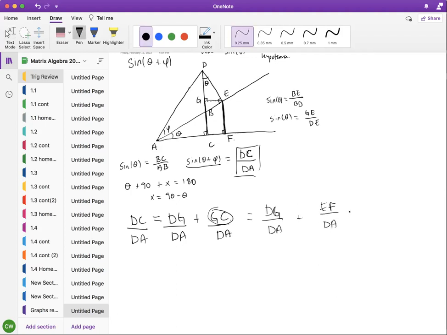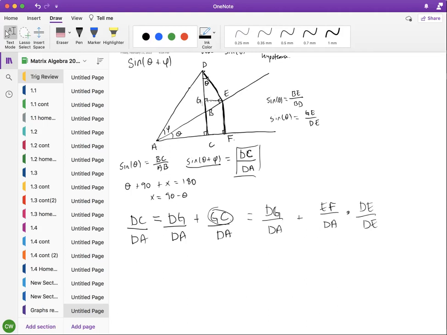Let's multiply this value over here by DE over DE. We care about that because DE is the hypotenuse of some triangle, which might have some relationship to sine.